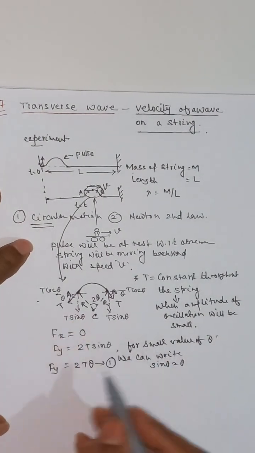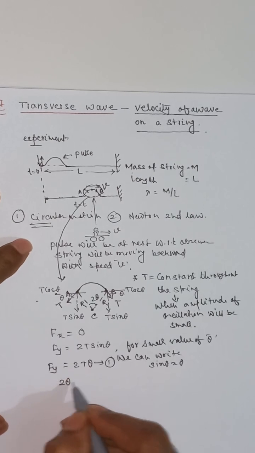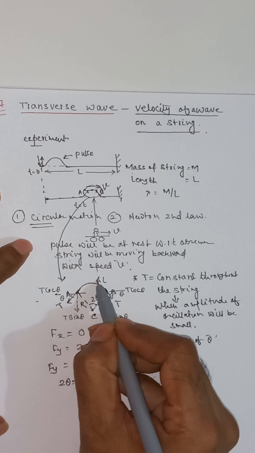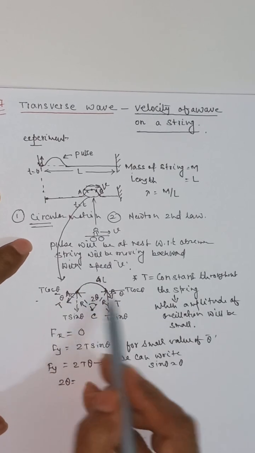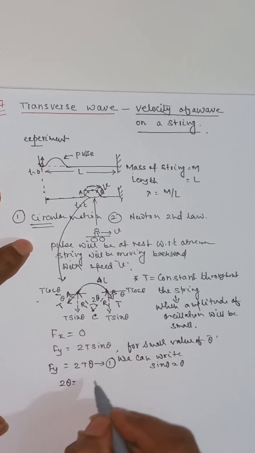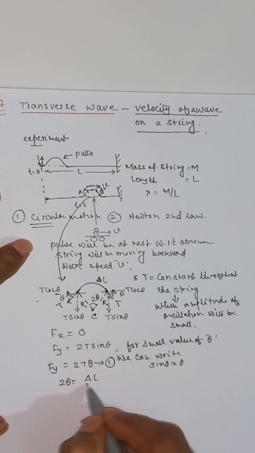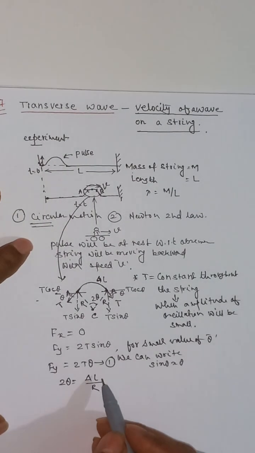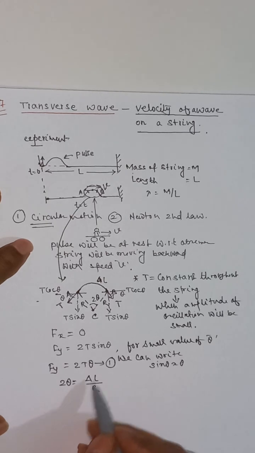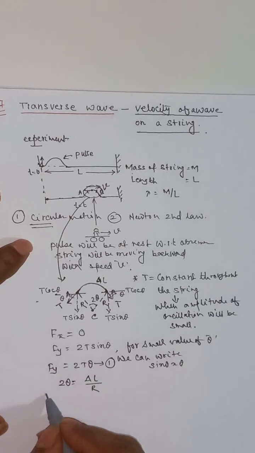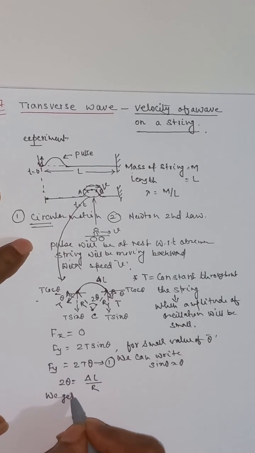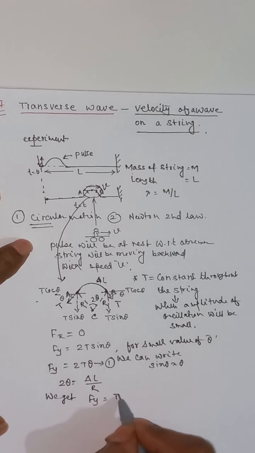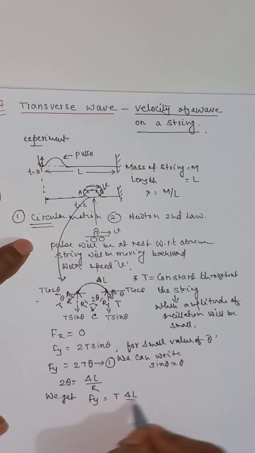And from this arc, we know the relation 2 theta is equal to, say AB length is delta L, we can take the length of the arc AB as delta L, so 2 theta will be delta L by R. So we can replace 2 theta in equation 1. So we get Fy is equal to T delta L by R.